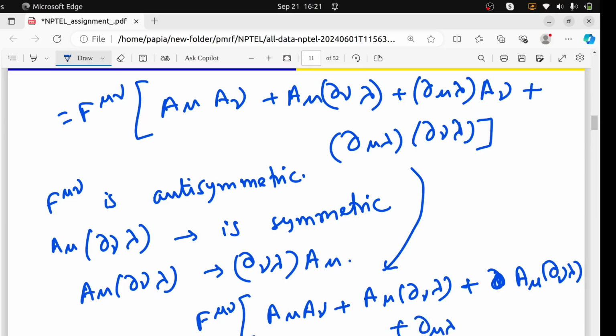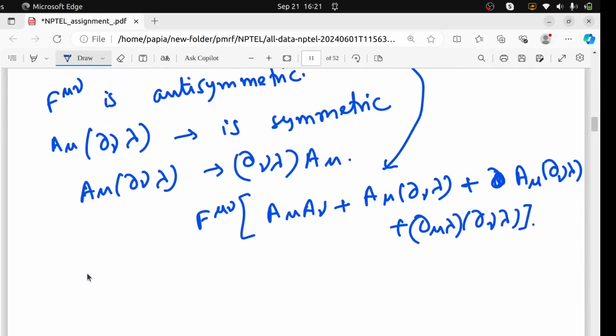So now ∂_μ λ and ∂_ν λ. But the main problem is that the previous expression was F_μν A_μ A_ν. But right now, F_μν A_μ prime A_ν prime is not equal to this one under gauge transformation, right? Because there are extra terms.